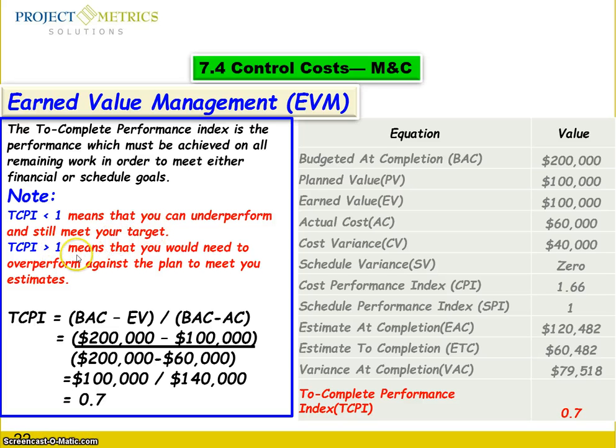If it is higher than 1, it means that you would need to overperform against the plan to accomplish your project. So it is the opposite. For all the indicators in the past, if it is higher than 1, it's good. But in this case, you have to pay attention to it.